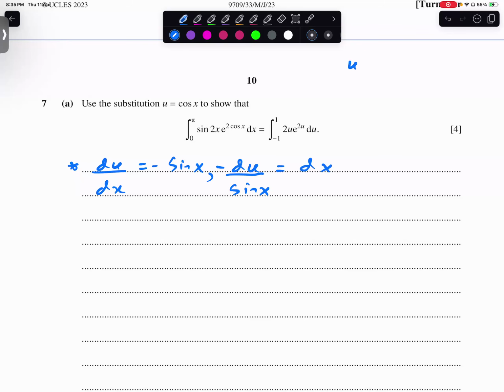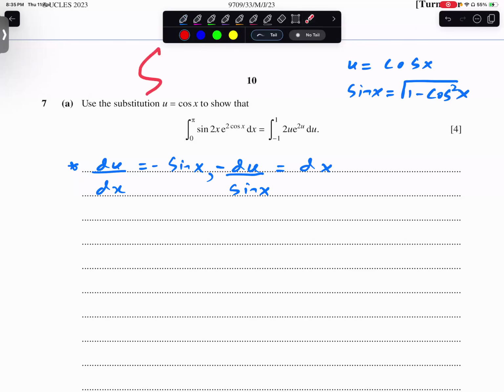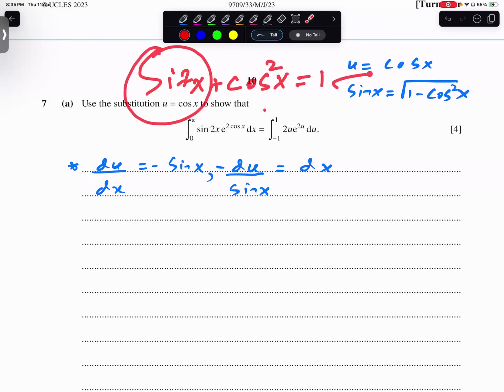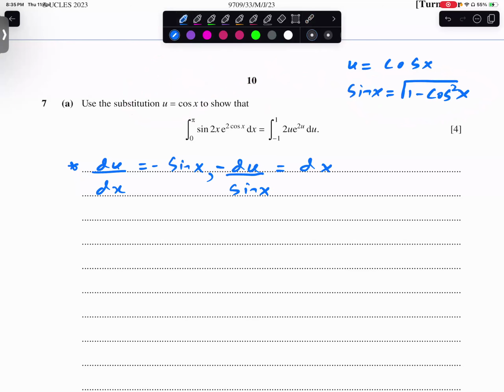Again, if u is cos x, then as you know, sine x is the square root of 1 minus cos squared x. How? Because sine squared x plus cos squared x is 1. So if you make sine x the subject, you will get this thing. By putting cos x equal to u, you will say that sine x is the square root of 1 minus u squared.